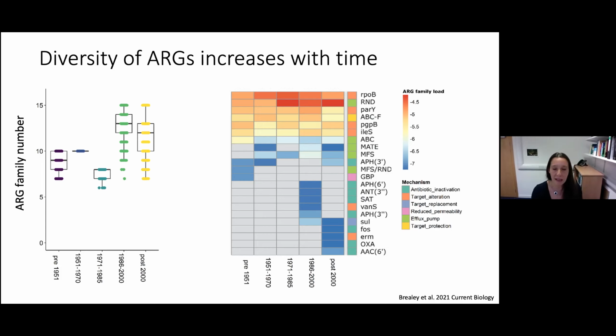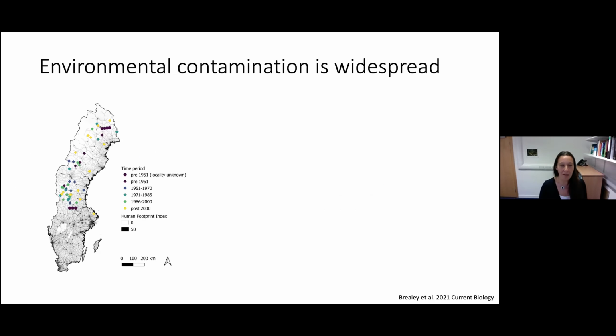So next, we were interested to see if these levels of antimicrobial resistance are reflective of where we find our specimens. So here's again a map of Sweden, and the colored dots are the collection sites of the bear specimens. They have been collected through time, and underlaid in gray shade is the human footprint index.